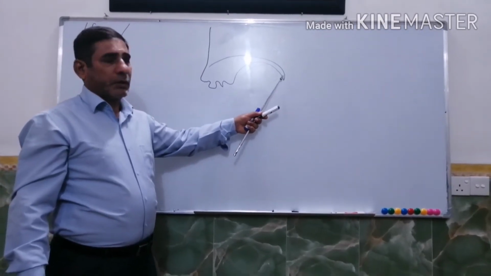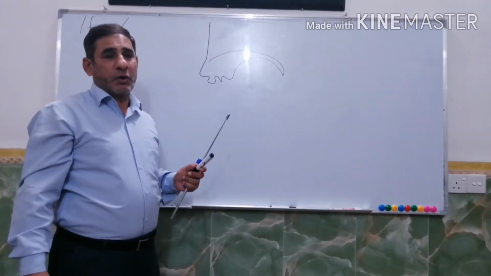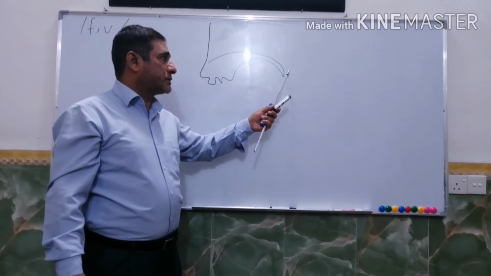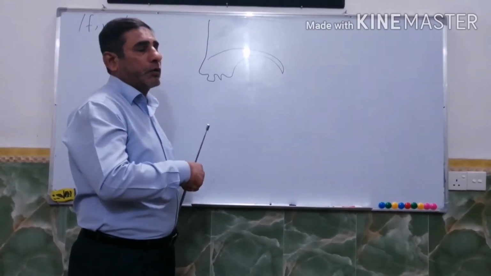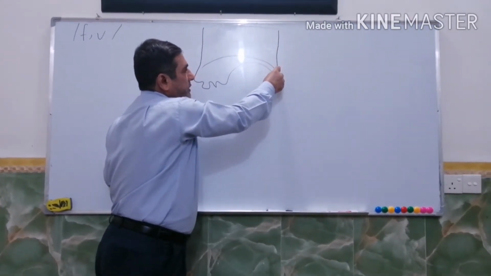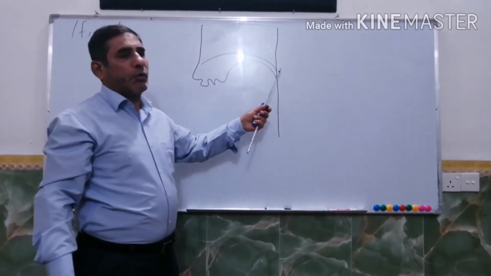You know that the soft palate is either raised or lowered. The soft palate is a movable organ of speech, so it is either raised or lowered. If it is raised, it touches the wall of the pharynx. Now this is the wall of the pharynx. As you see here, this means that the soft palate is now raised.